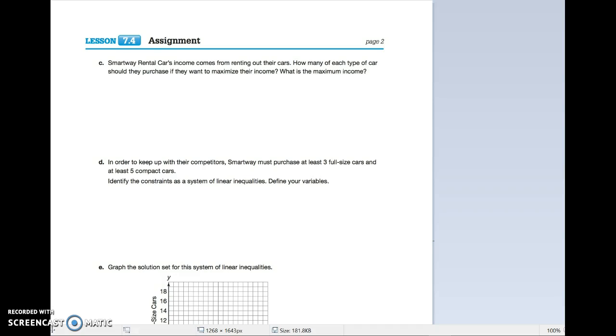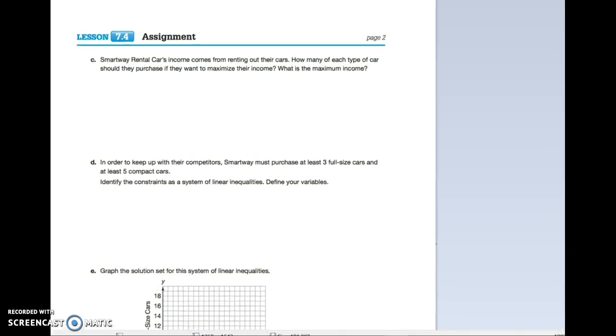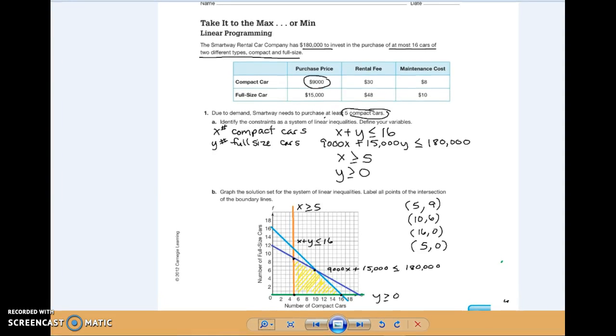So what that means is we need to think about how much money they make. And the way that we're going to do that is we're going to go back to our front page and take a look at this little chart up here. So our chart tells us that a compact car, to rent it, costs $30. So when they rent their cars, they make $30 per compact car. And when they rent their full-size cars, they make $48 for every car they rent.